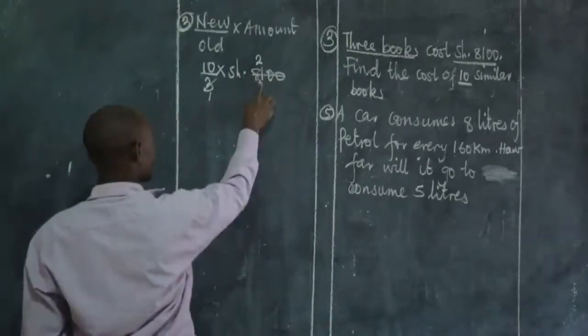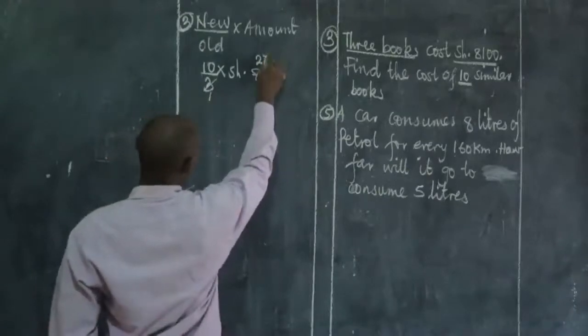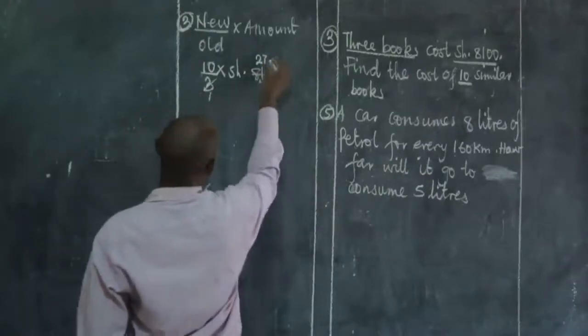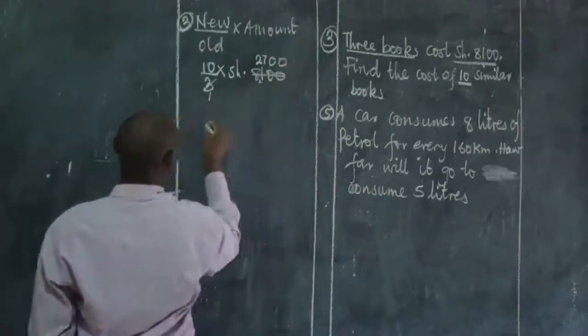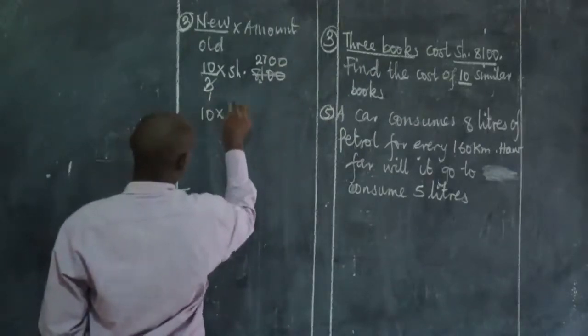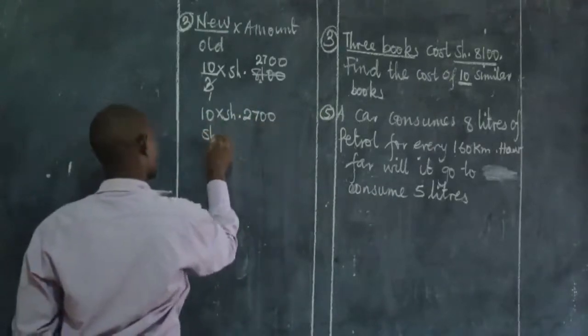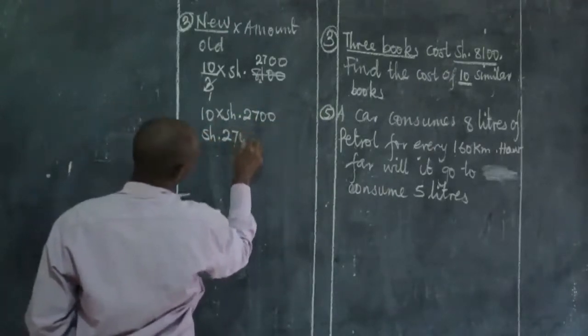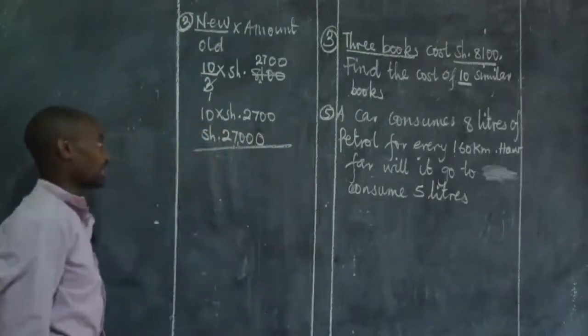You put that 2 here to make it 21. 21 divided by 3, we are getting 7. 0 divided by 3, 0. 0 divided by 3, 0. Therefore, we have 10 times 2,700, which will give us 27,000. I hope you got this one.